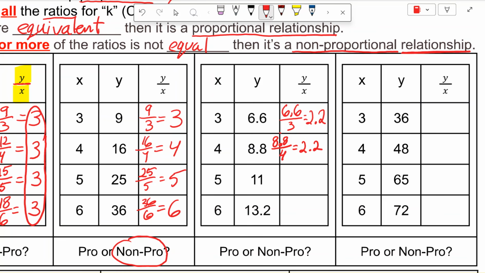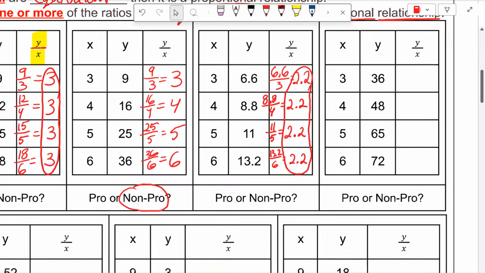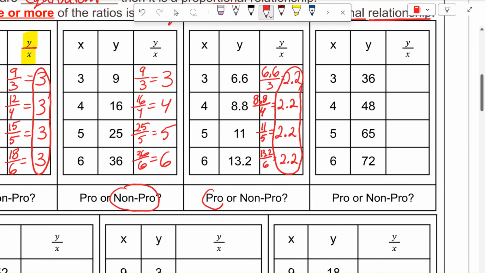Again, with your calculator. 11 divided by 5 on your calculator is 2 and 2/10 again. And 13 and 2 divided by 6 on your calculator, type it in, and it is 2 and 2/10 again. So you can see that they are all the same ratio, and if they are all the same ratio, then it is a proportional relationship. Proportional.